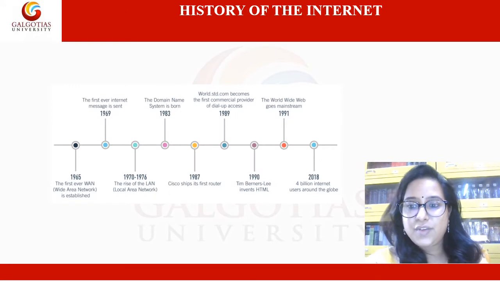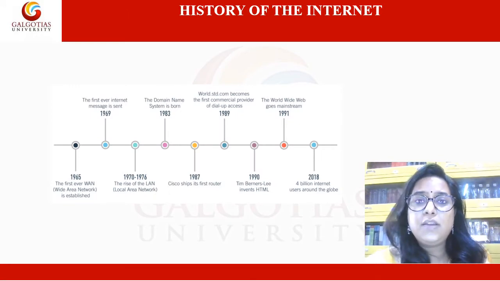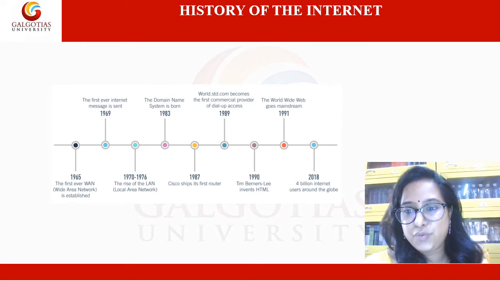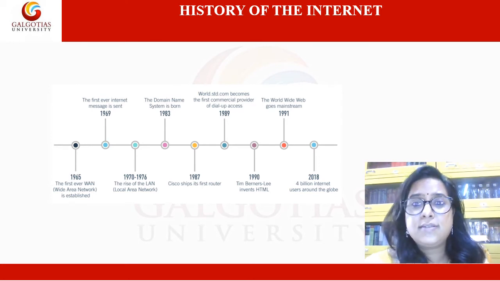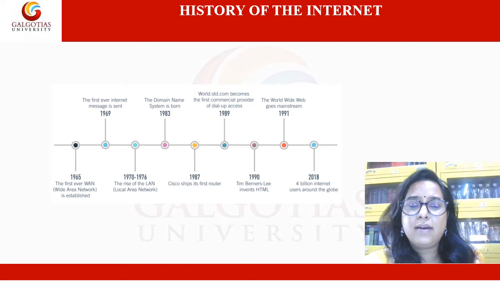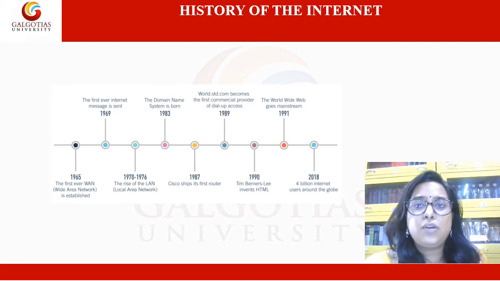History of the internet. The internet was not developed within a period of a few days or a few months. Rather, it is the result of long and aggressive research which took many years. In 1969, the American Department of Defense started a network of devices called ARPANET, Advanced Research Projects Agency Network, with one computer in California and three in Utah.